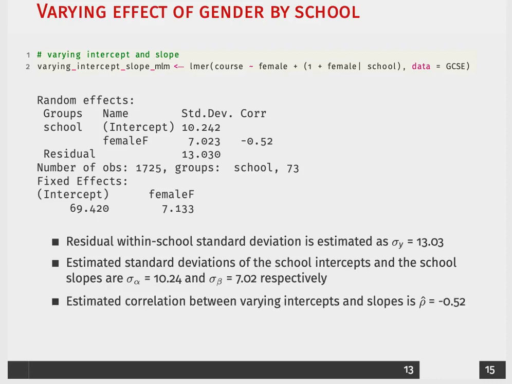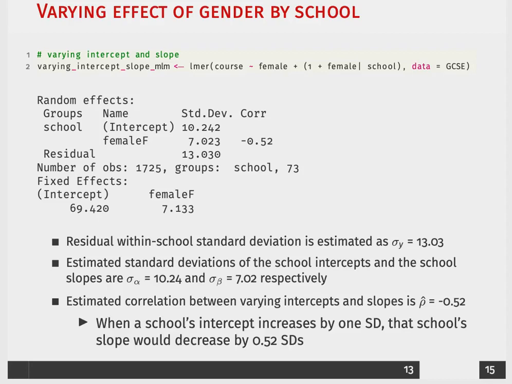We can also see that the correlation between varying intercepts and slopes is around negative 0.52. So what that signals, right, is as the standard deviation across schools for intercepts increases, the variation in the effect goes down.